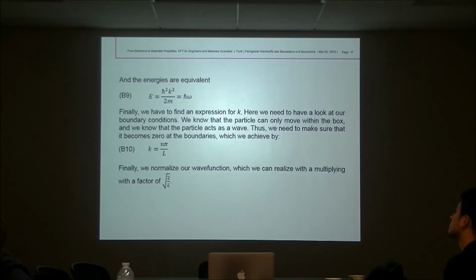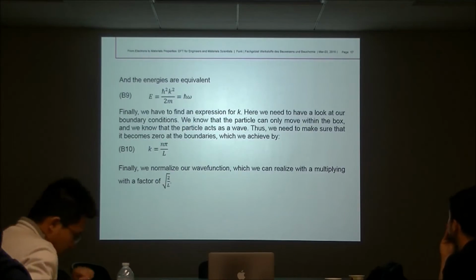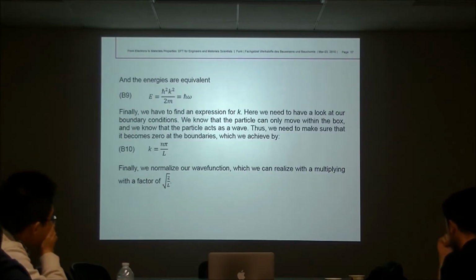We had the T plus V part and the time-dependent part, both are equivalent. So in principle, we can write omega equals h bar k squared divided by 4. Now all we need to find in the end is a nice expression for k.